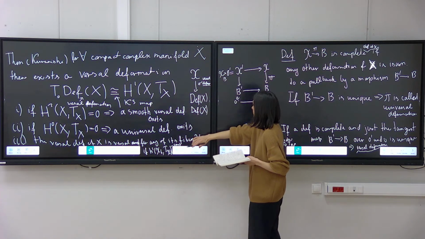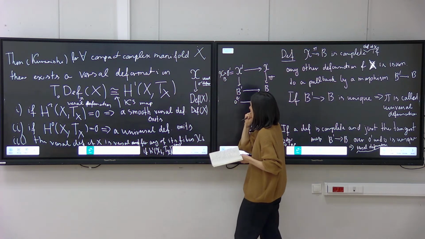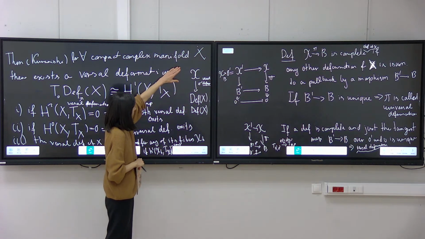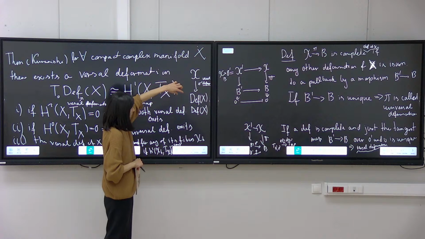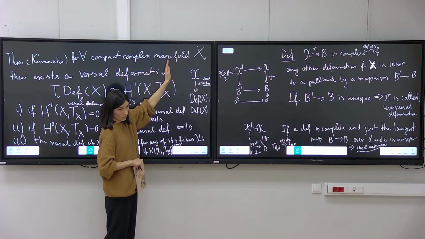So what is written here? We have a versal deformation, and we have our X that is a fiber over the distinguished point, and also we have some nearby fibers, right?